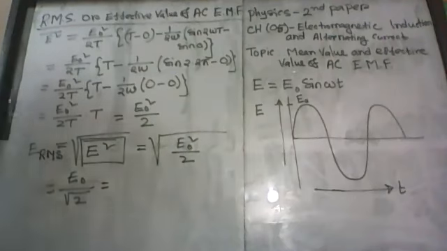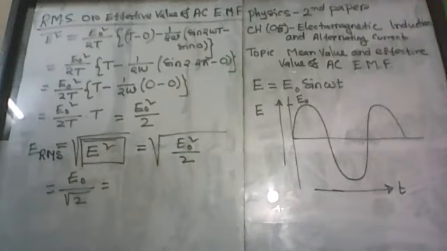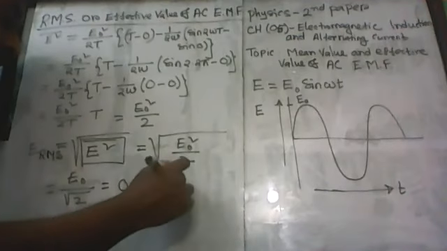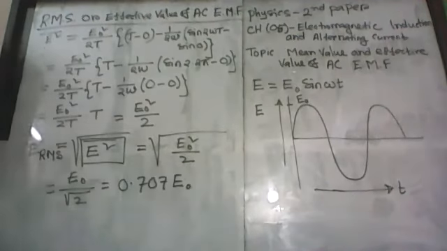Do you know the value of root over 2? You know very well, root over 2 will equal 1.414. So, since root over 2 equals 1.414, then 1 divided by 1.414 will equal 0.707 of E naught.